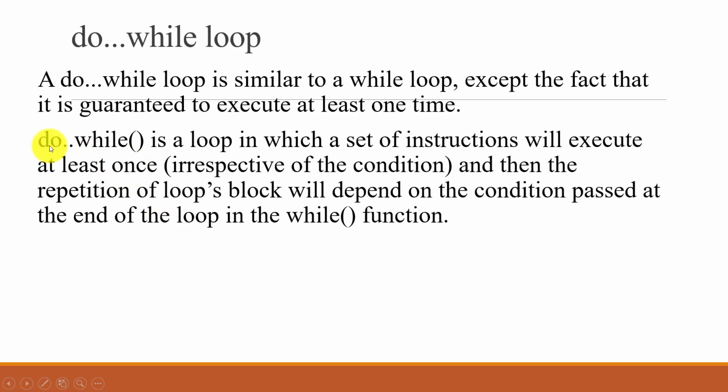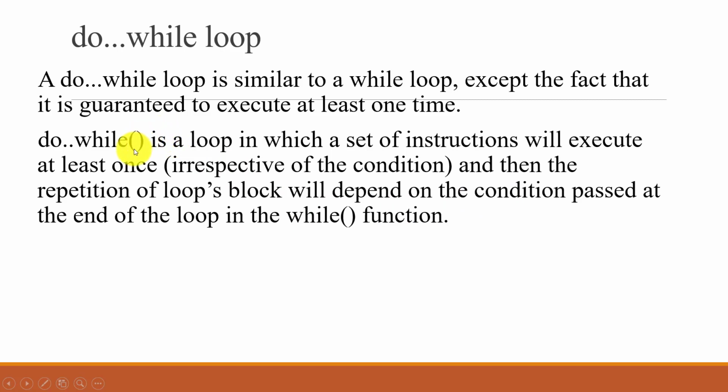That is, it executes at least once and gives the output. So irrespective of the condition, the block is executed once, and repetition of the block will depend on the condition which we pass in the while.